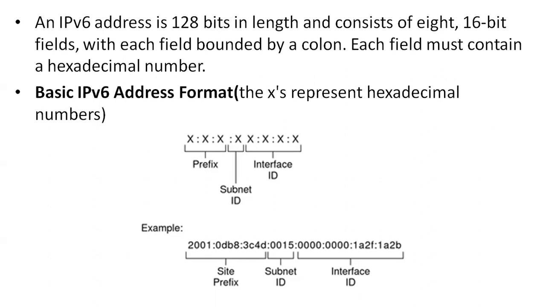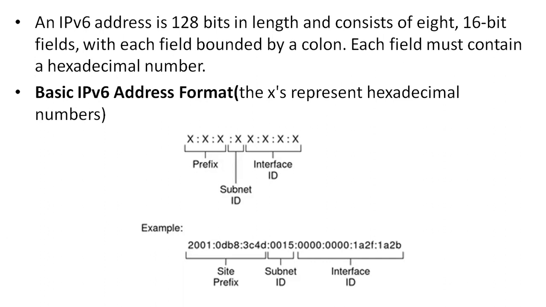Okay, there's a classification in the IPv6 address format. For example, site prefix, subnet ID, and interface ID. So this is a methodology which can be used in the IPv6 address format. Note that point down. So how do we classify the 128-bit length? 8 16-bit fields.